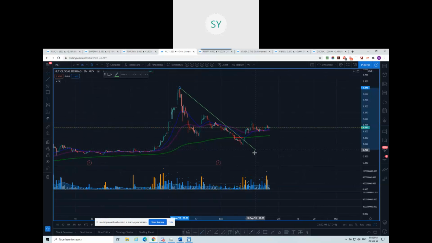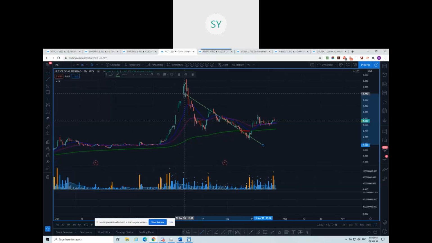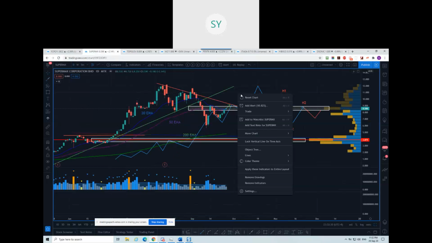Okay, very steep, too steep. Need to adjust. Maybe this is better. See, broken already. Like Supermax, not broken. Remove drawing.